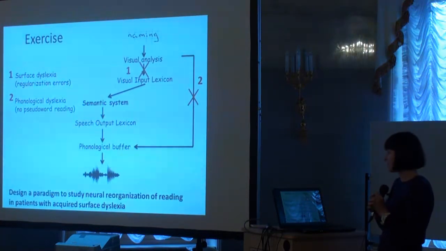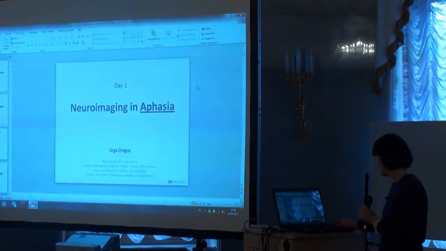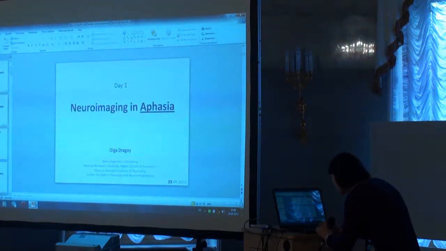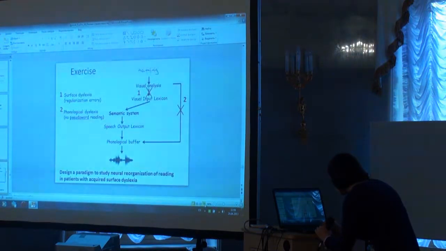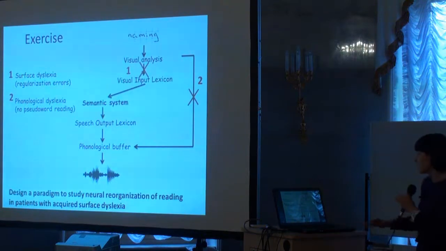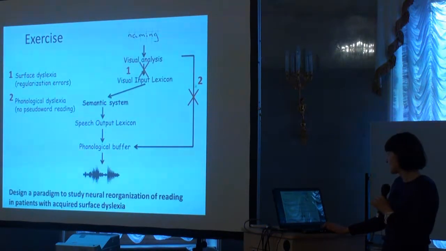And the task for you is to design a paradigm to study neural reorganization of reading in patients with acquired, let's say, surface dyslexia. Those patients always read using the surface pathway. And the task is to design an fMRI paradigm.